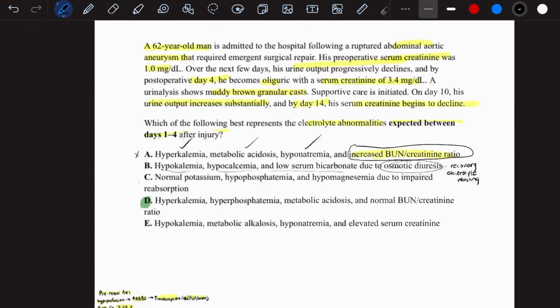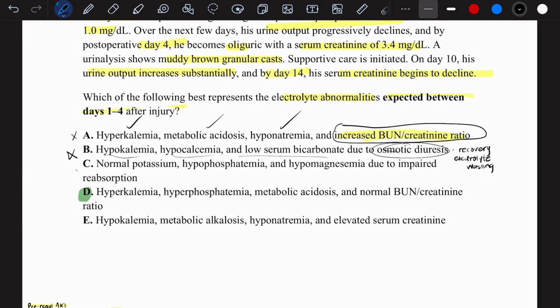So B is incorrect. Now C, you can see it's normal potassium. We know that it is hyperkalemia. I've said this a million times during this video. So hypophosphatemia and hypomagnesemia could happen, but again, it happens later on in the timeline, where you'd expect to see more changes with potassium. So that's incorrect.